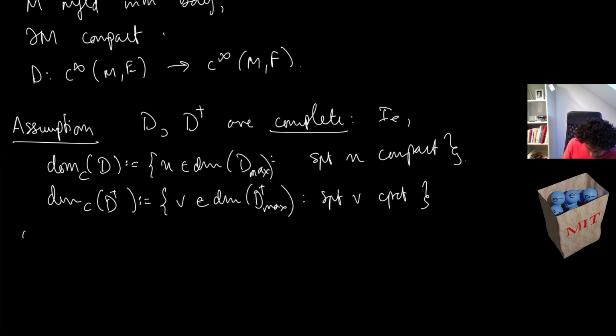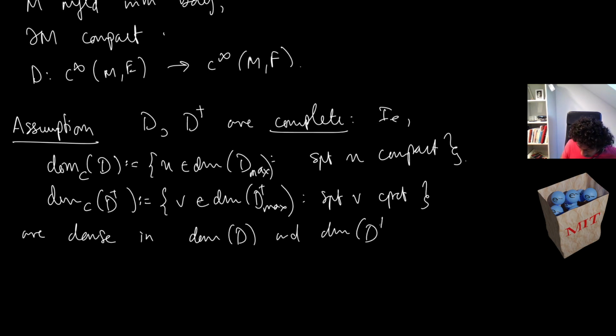Are dense in dom D and dom D dagger respectively. So completeness means that compactly supported sections are dense.